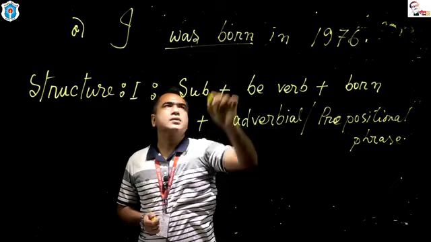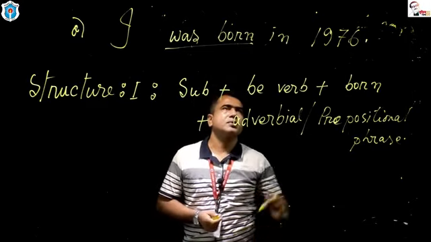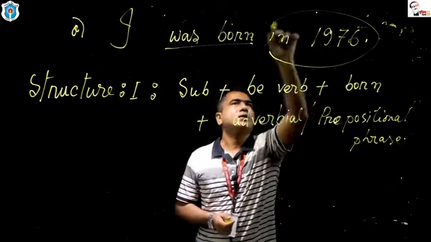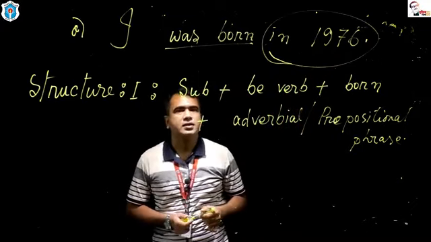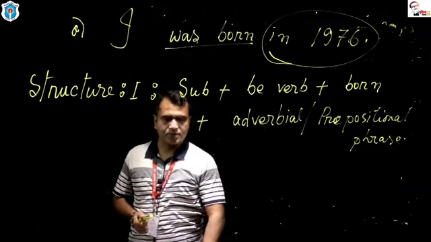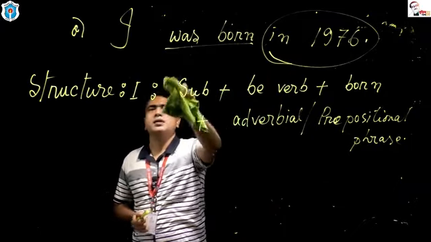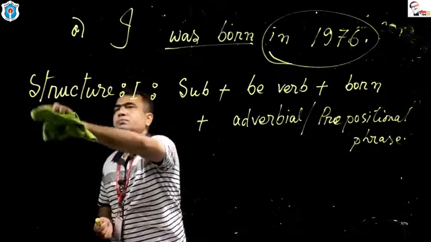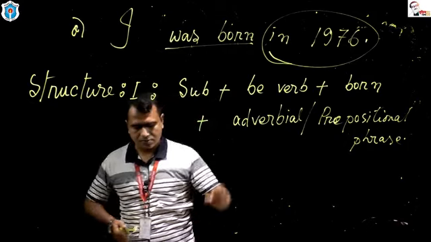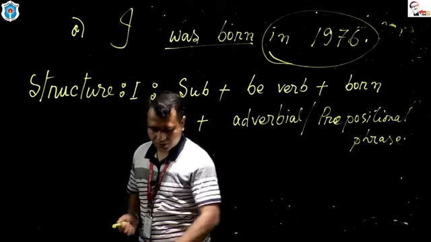Here we see the phrase was born indicates the time when I was born. It refers to the year 1976. It is an adverbial phrase because it indicates the time, adverbial of time. We can also say it is a prepositional phrase because we have used the preposition.